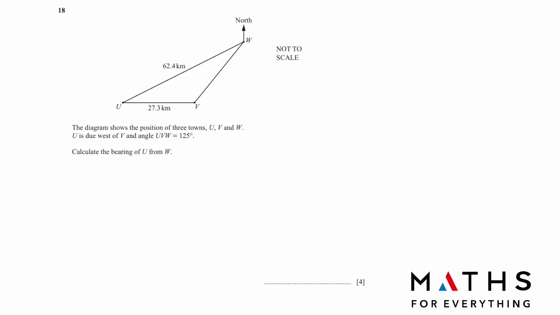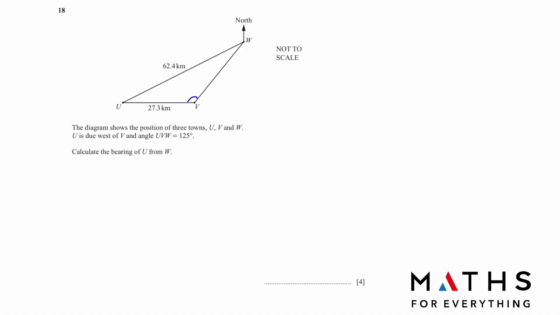Here in this question 18, we have been given a triangle and the diagram shows the positions of three towns U, V and W. U is west of V and angle UVW is 125.